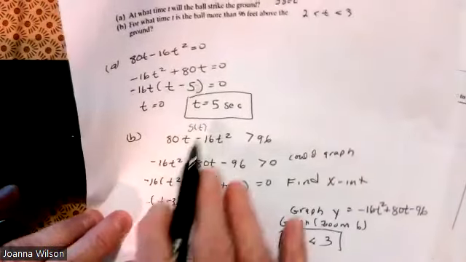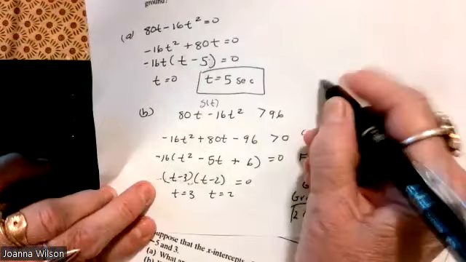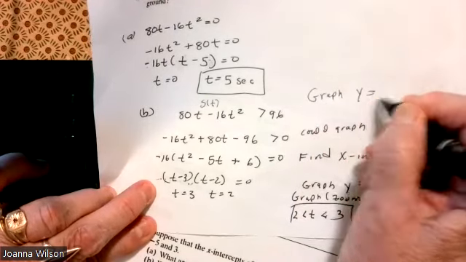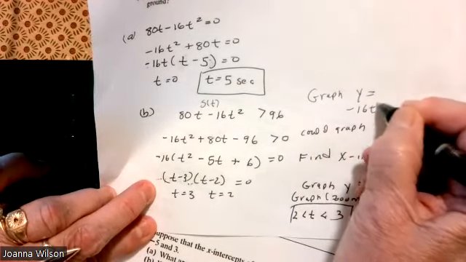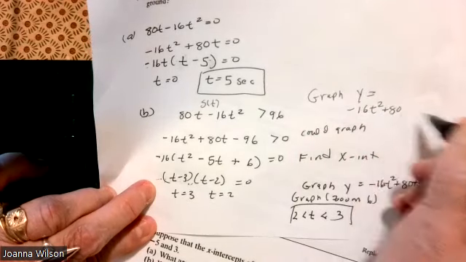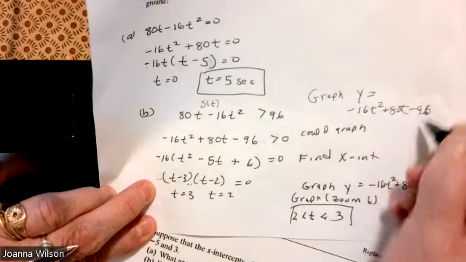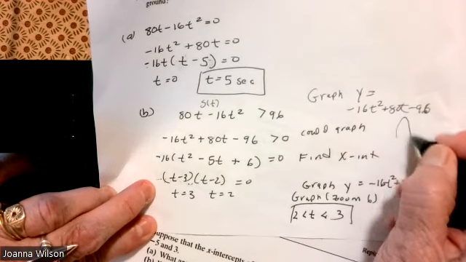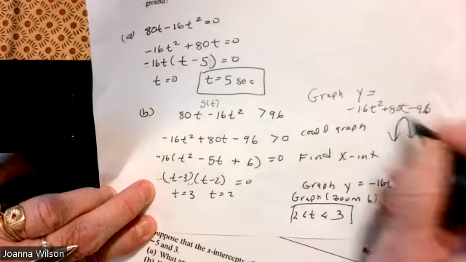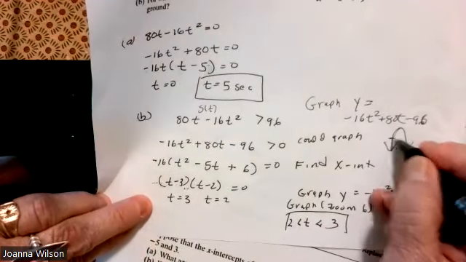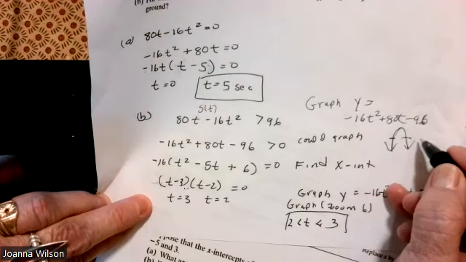Oh, and you would need to graph to see this. So you would have to go and graph y equals negative 16t squared plus 80t minus 96. And it's going to be opening down. I know that because this is negative. And so when is it above, somewhere in here, there's going to be the 96 feet.